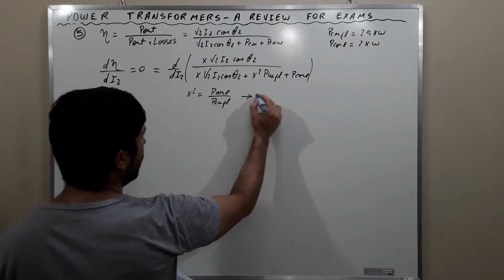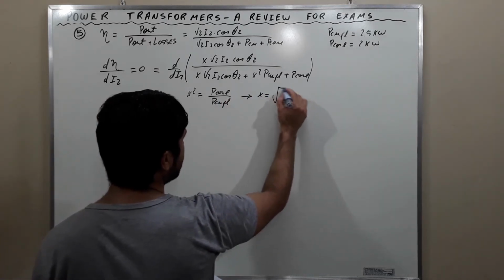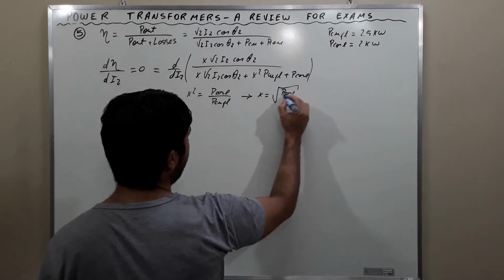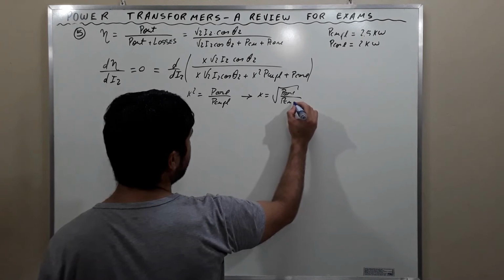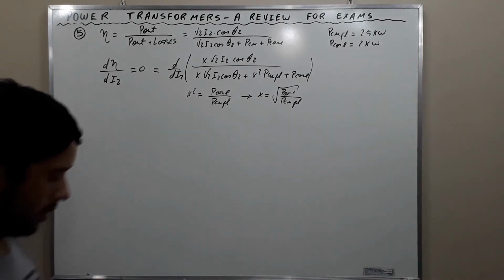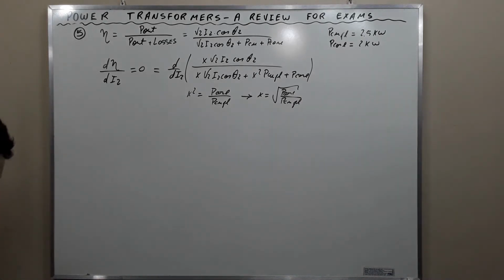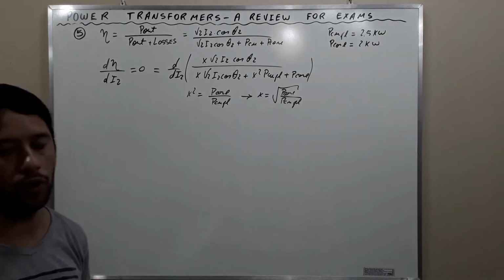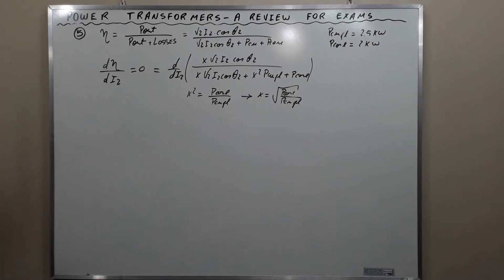Okay, where x is equal to the square root of P core over PCU full load. This is the level of loading that enables maximum efficiency.